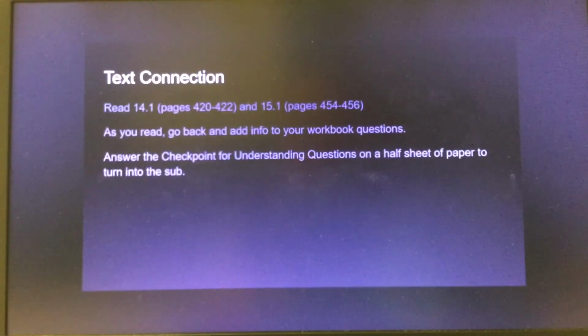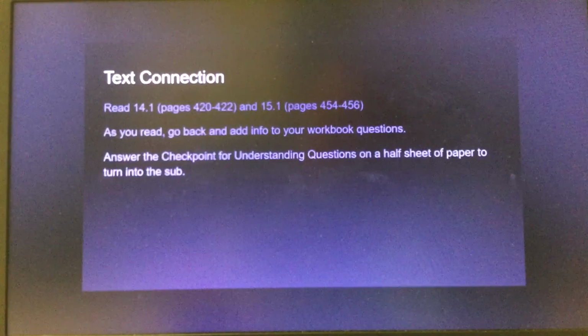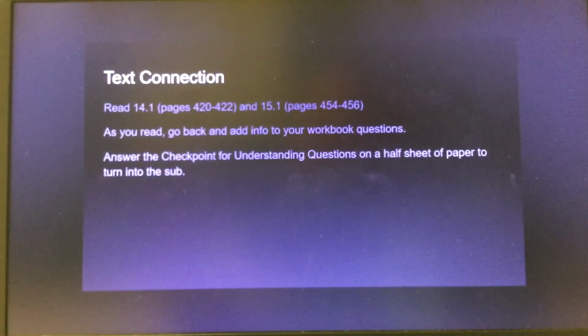As you read, if you see stuff and you're like, oh, she talked about this or she mentioned that, I want you to go back and add details to your workbook, because we don't get to have those conversations where you're asking me questions in class. I want to make sure that you are getting a full picture of what we're talking about here. So go back and add information to your workbook.